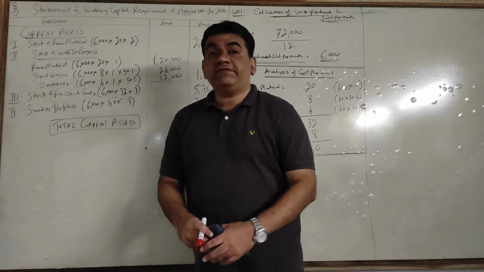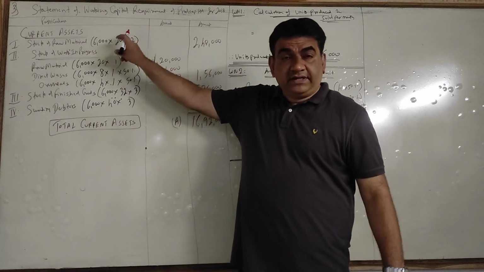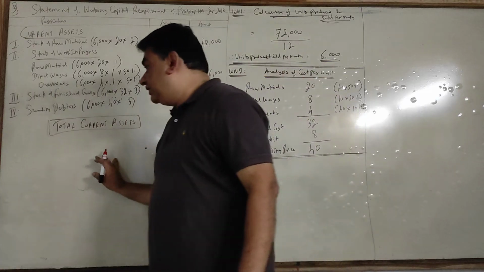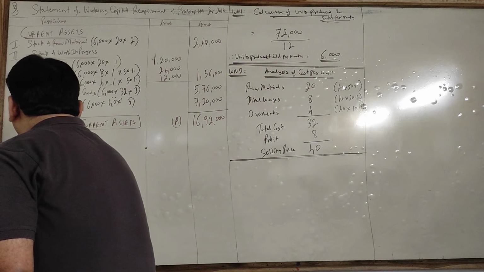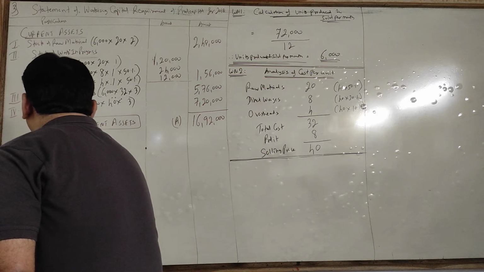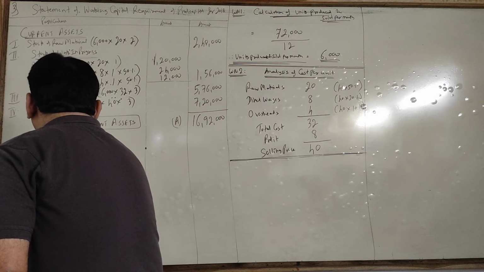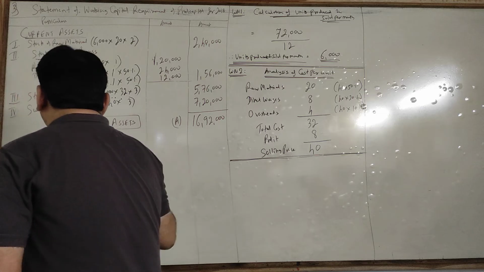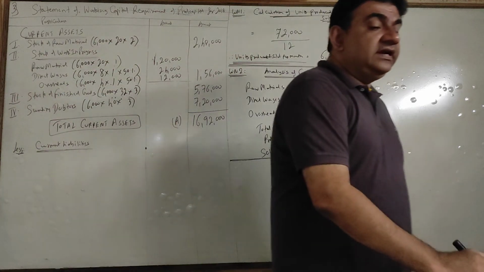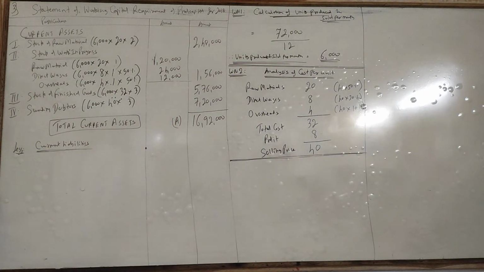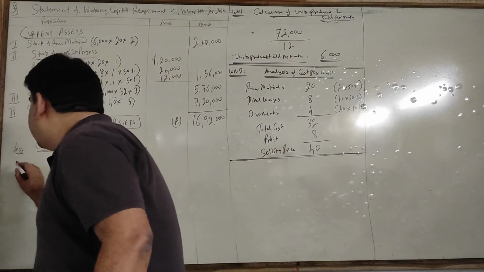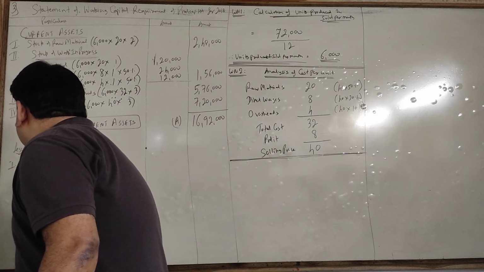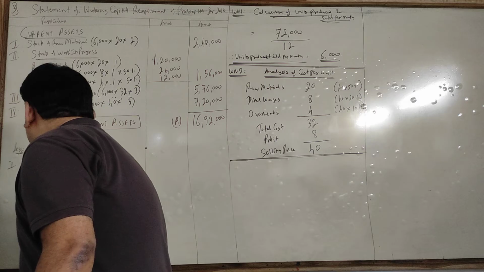Now, what are we finding? Working capital. To get the working capital, from this we will deduct current liabilities. Now when we start with current liabilities, our first current liability normally is sundry creditors.